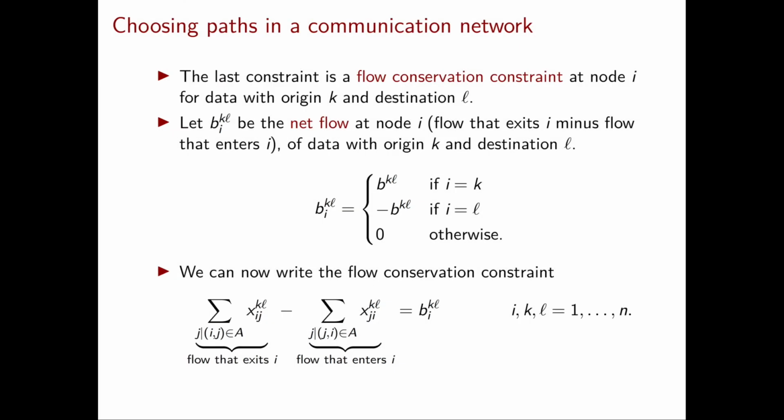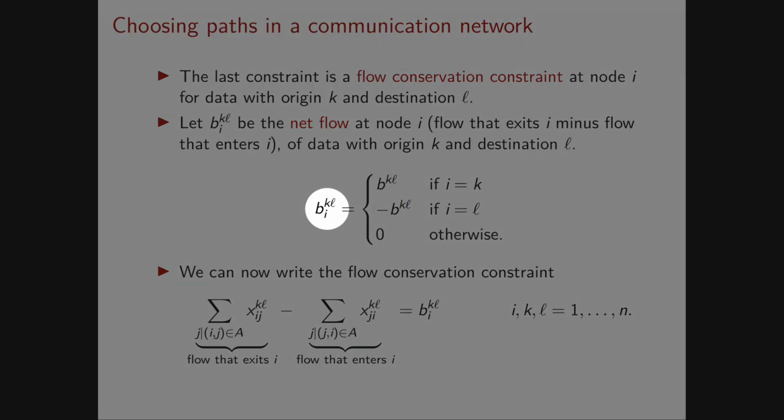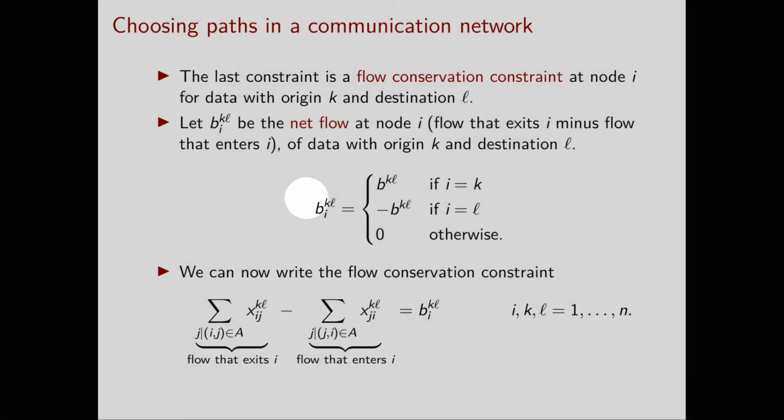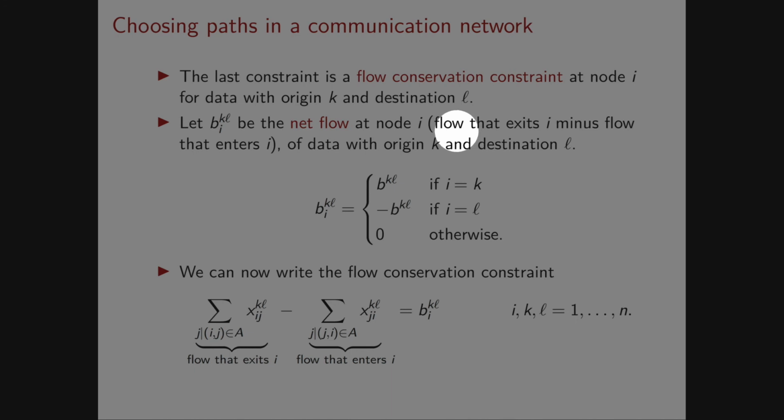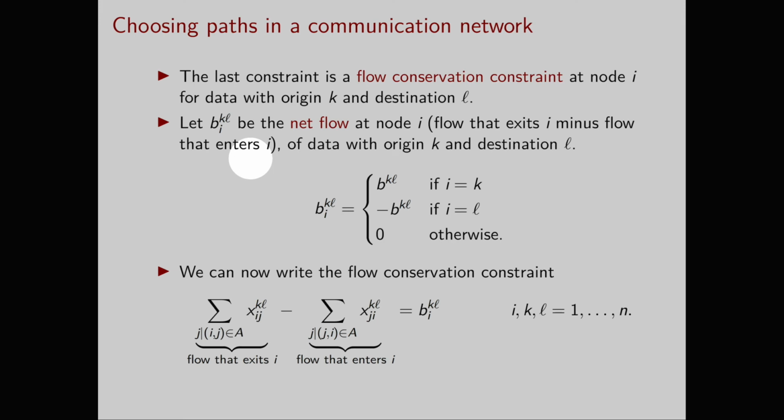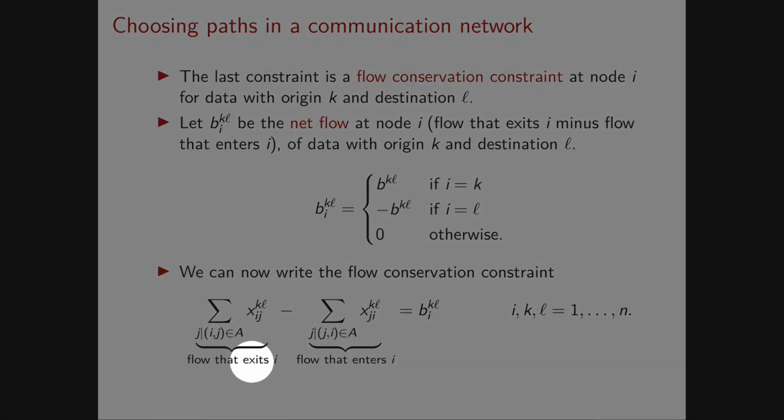We're now ready to write the flow conservation constraint. Essentially, to do so, we're going to have to write the same net flow using our variables x instead. So the definition of net flow, once again, is the flow that exits I minus the flow that enters I. So let's start to write down the flow that exits I. If it exits I, it will correspond to a link ij in A. And so everything we need to do is to sum over all these links, ij for any j, the quantity x_ij^kl.